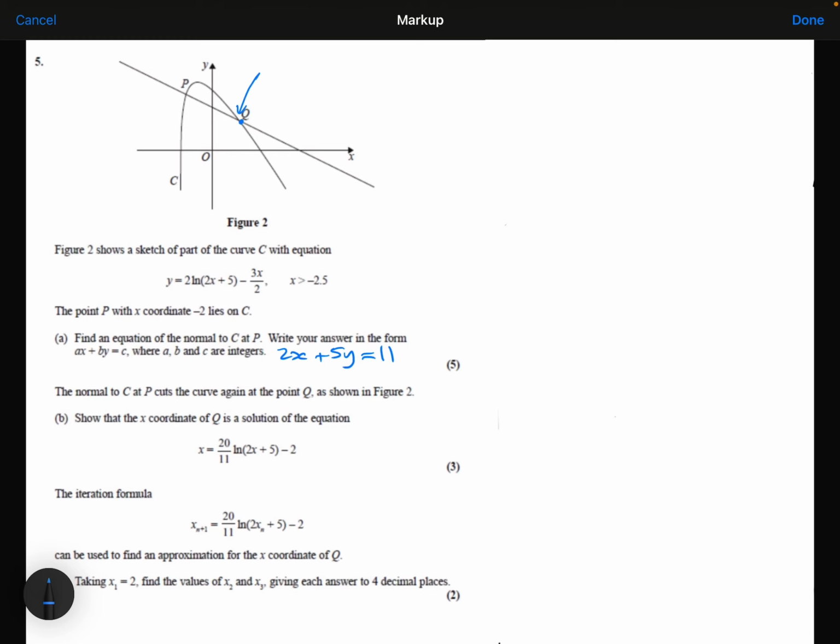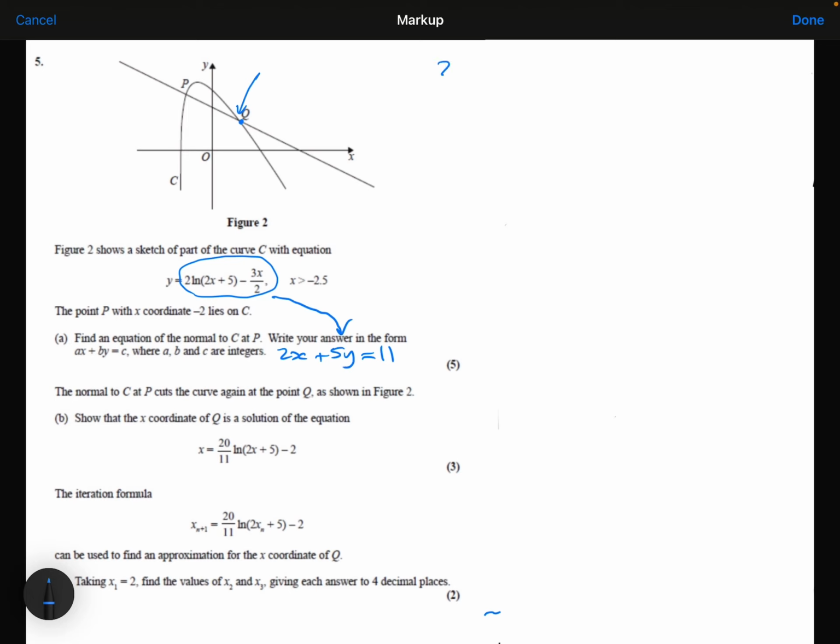I'm doing simultaneous equations, so I'm going to substitute this y function here in instead of the y here.